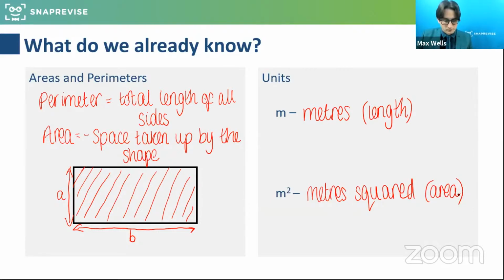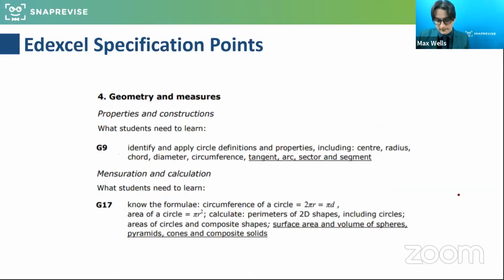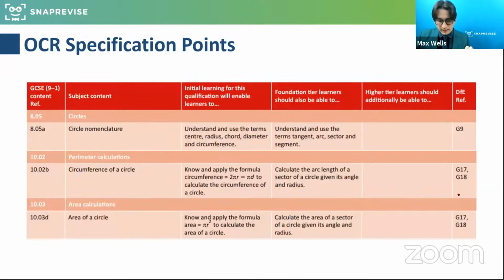looking at circles. Now, looking at the different specifications, obviously you may be aware different exam boards have slightly different styles in how they approach the topics, but circles is a topic that's common across all the exam boards. So in their specifications, they really clearly outline what will be in the exams.